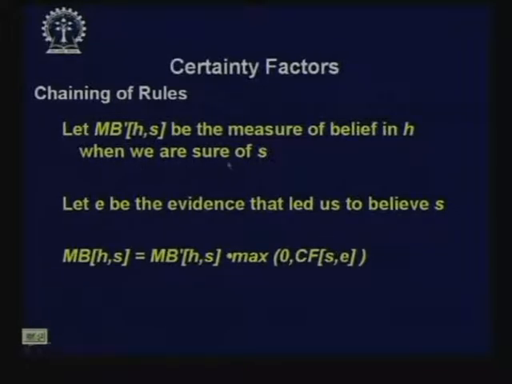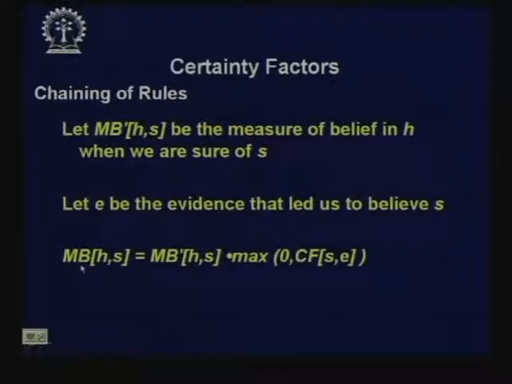So, when I do not have full confidence in this, then this MB prime will have to be modified. MB prime is the belief in H if S is known for sure, but S is not known for sure.